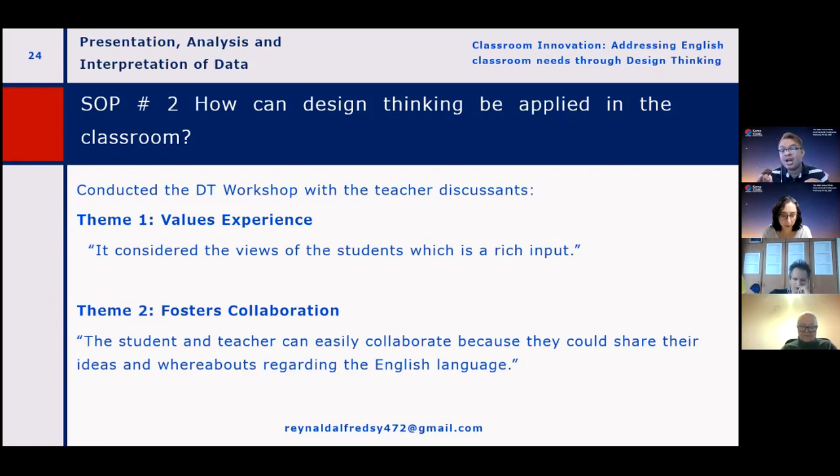But we are not actually using these evaluative materials to evaluate the instruction and how we can further improve instruction. And so in design thinking, we infuse that idea that this is how the clients perceive the way we teach. So can we improve? Can we develop through their experience? So that's actually one very good aspect of design thinking.